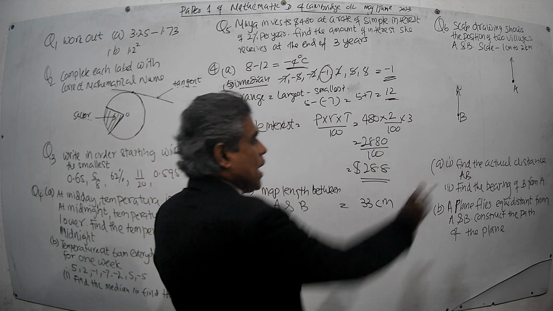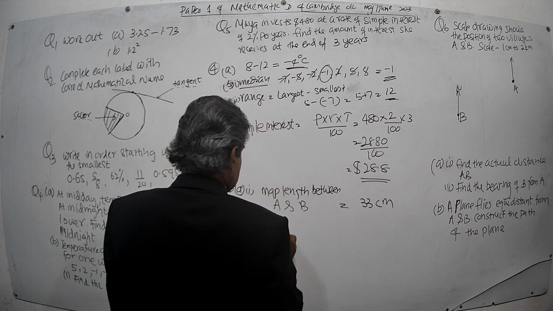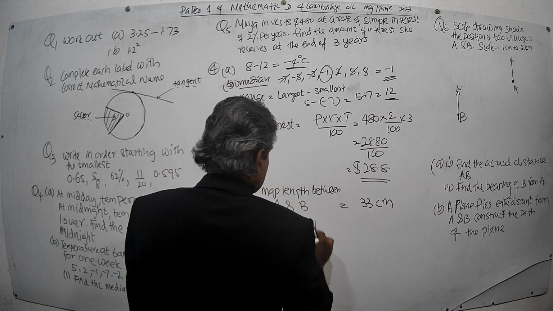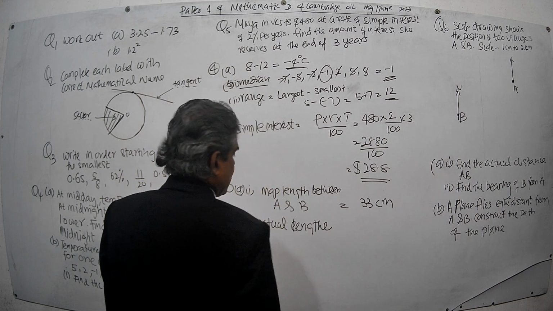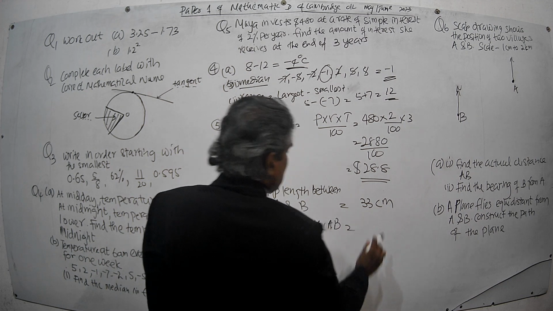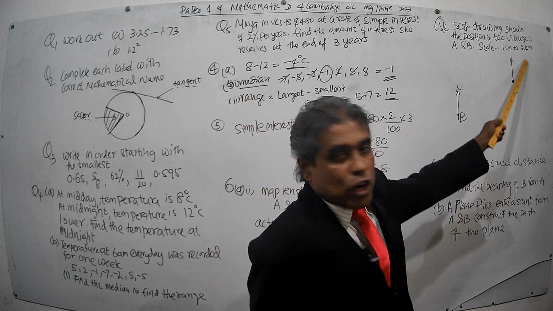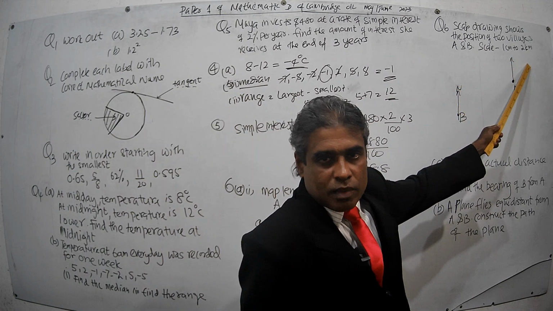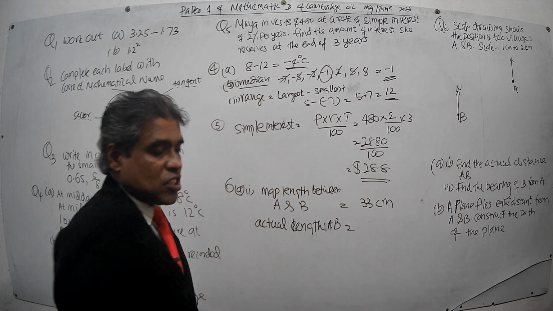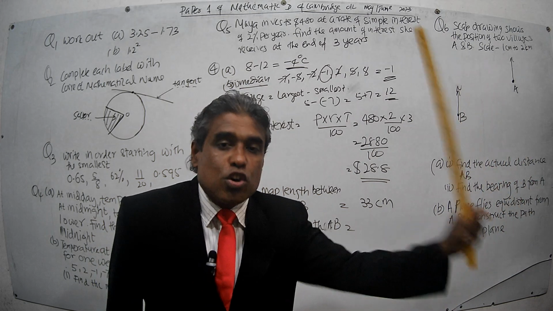Then the actual length. Actual length AB will be how much? 1 centimeter represents 2 kilometers of actual length. Out of these 33 centimeters, each centimeter is 2 kilometers.